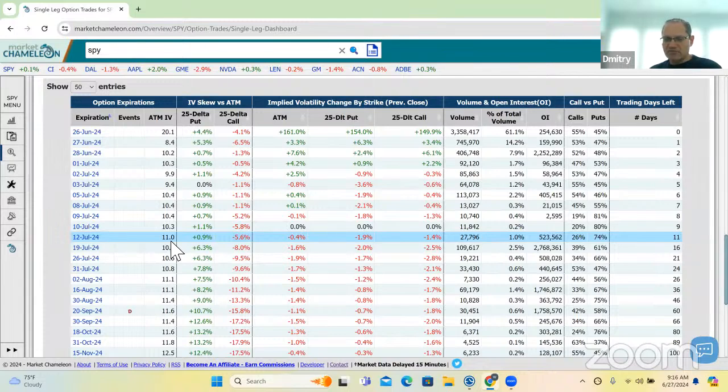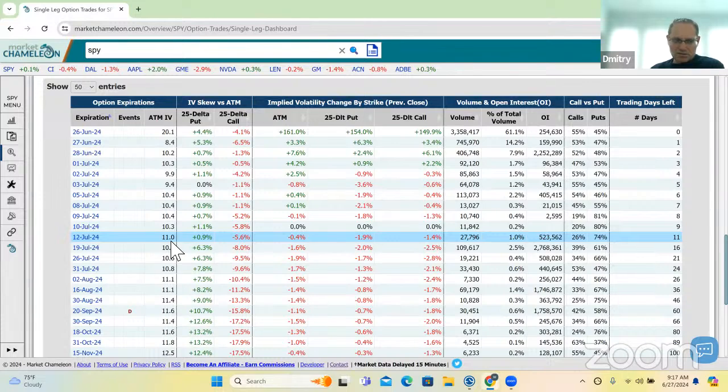But then we have out-of-the-money strikes going above, where the stock has to increase to reach. And then we have strikes below where the stock is currently, where the stock has to go down to reach those strikes. And the implied volatility on those strikes doesn't have to be the same. It could be much different than where the at-the-money implied vol is.